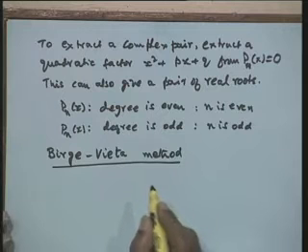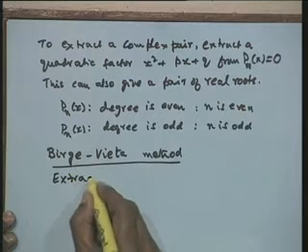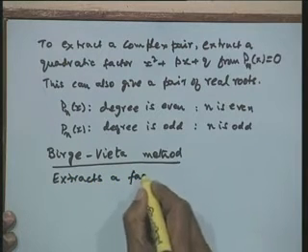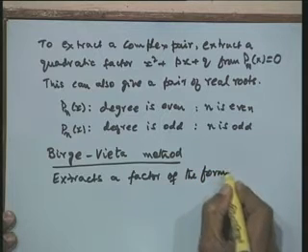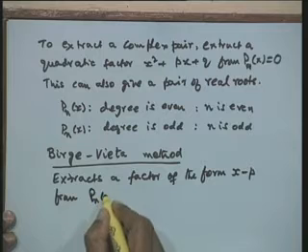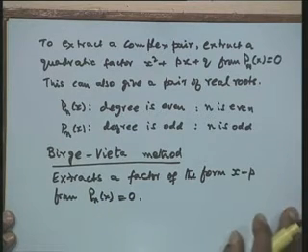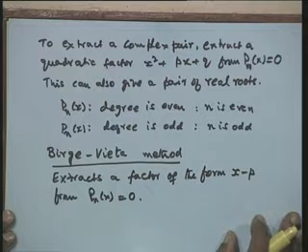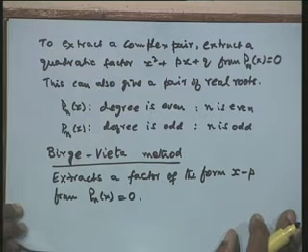What this method does is extract a factor of the form x minus p from p_n(x) = 0, and the procedure would automatically give us the deflated polynomial also.